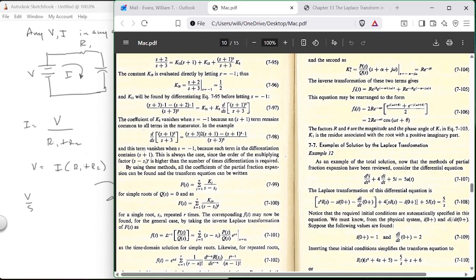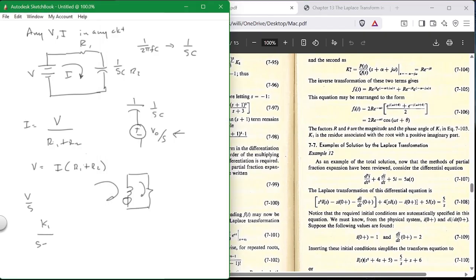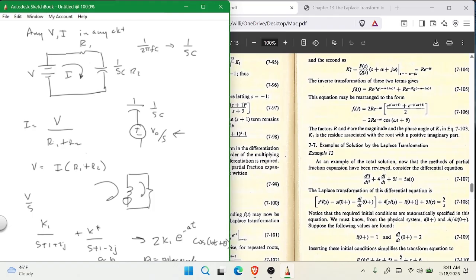If you take your sheet and write down, when you do the K1 over S minus 1 minus 2 plus 2J, and then plus K star over S plus 1 minus 2J, your transformation of this is 2 times K1, which is what he says here, e to the minus at cosine of, this is your b, bt plus theta, which is theta is the polar angle of k.